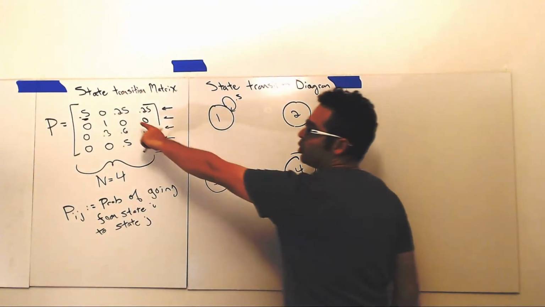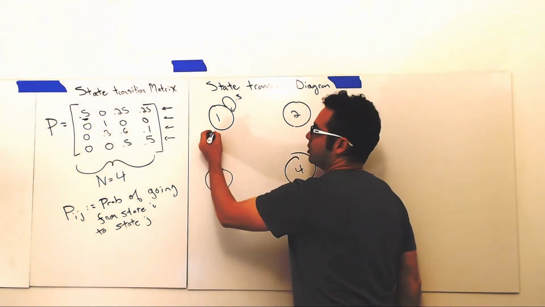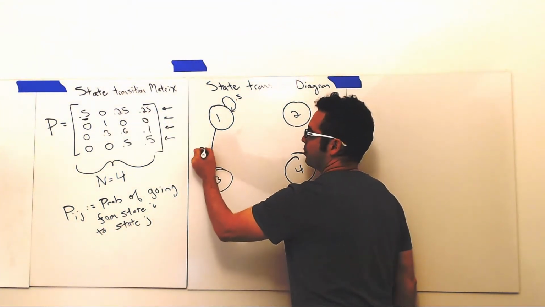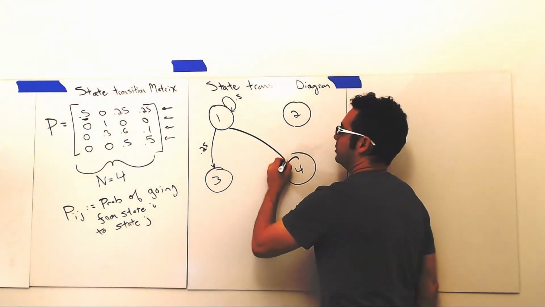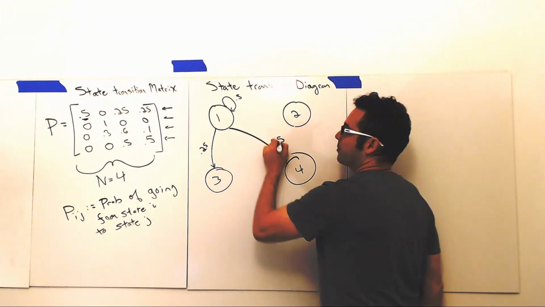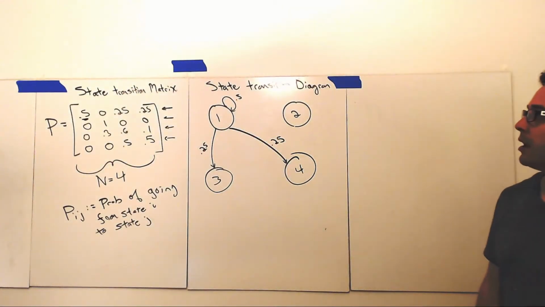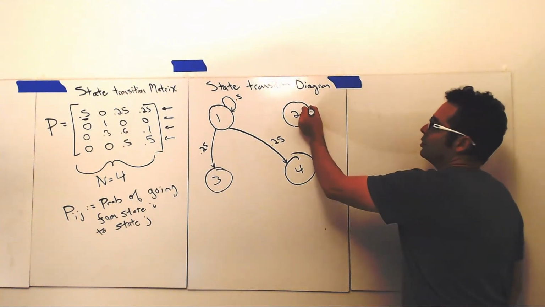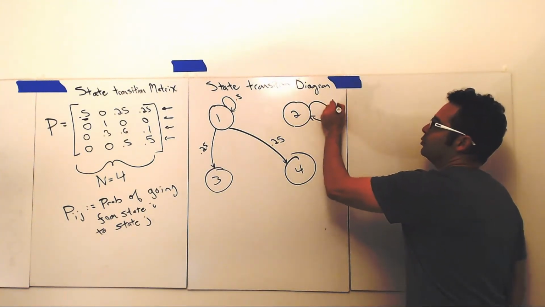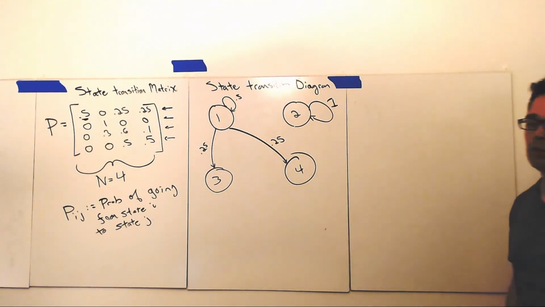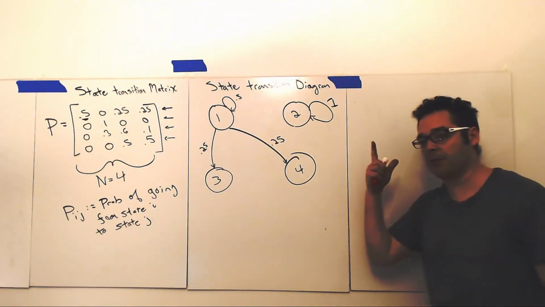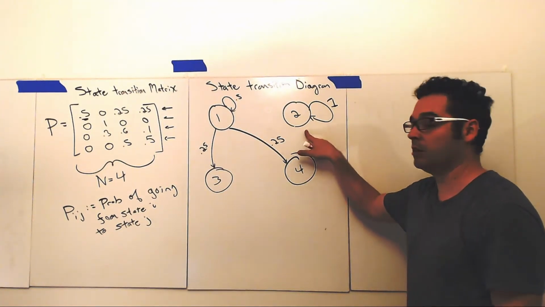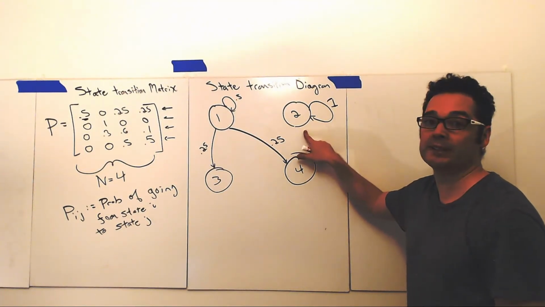We also see 1 connects with 3 and with 4 with 0.25 probability, but it does not connect with 2. Now when we look at 2, we see that there's a self loop here with probability 1. And so right off the bat, we should start thinking, well, state 2 is an absorbing state.